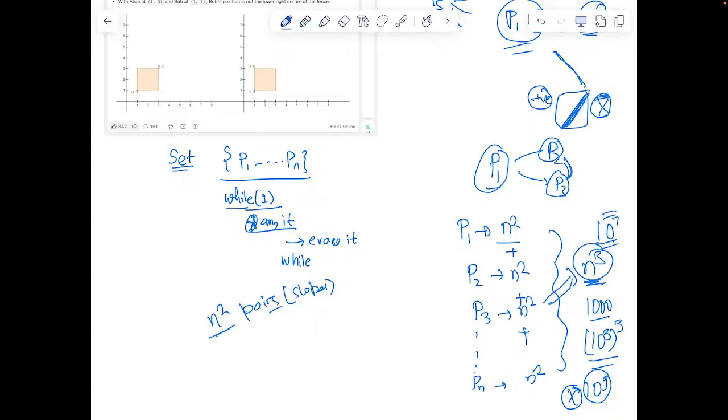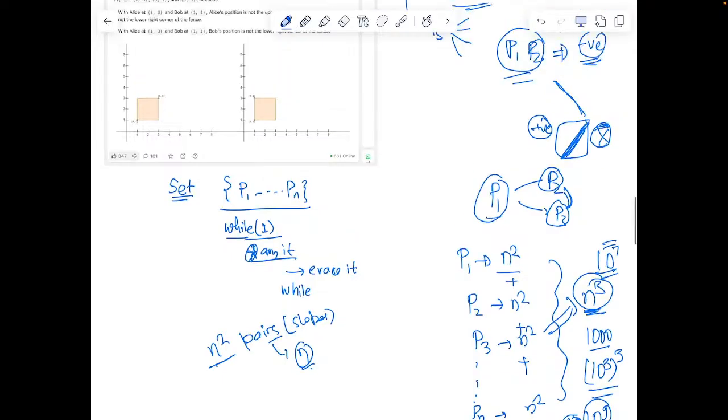Not sure. N square slopes, no. So for each slope, it could go up to n, right? Because for each slope, we have to check if any other points come to that. This part we can optimize a bit. So let's say this is a valid case, right?